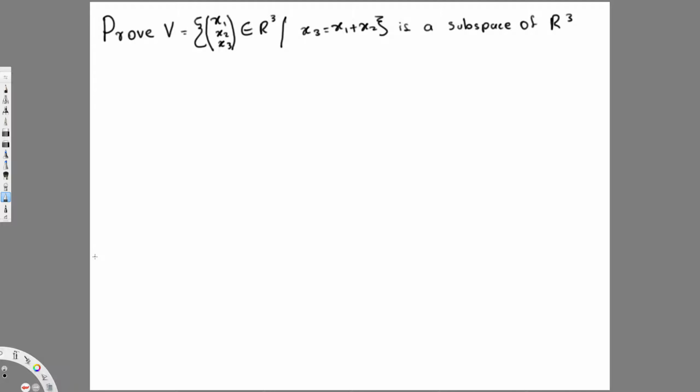First of all, in this kind of question, we have to check three things. If something is a subspace of Rn, it has to contain three things. The first thing is it has to have the zero element. The second thing is it should be closed under addition.